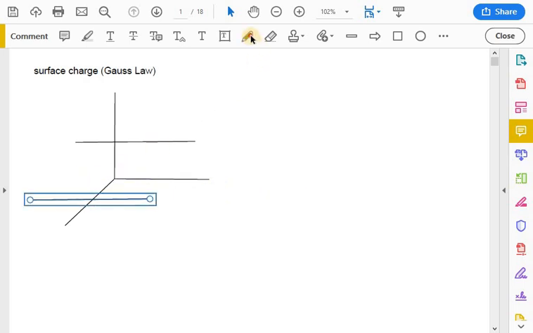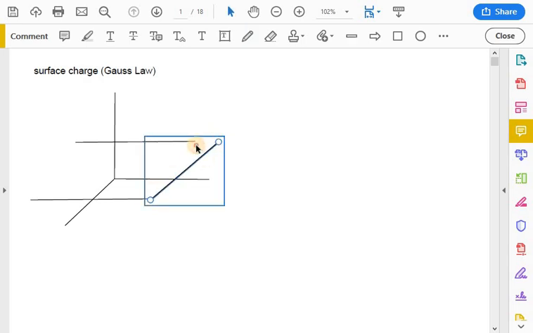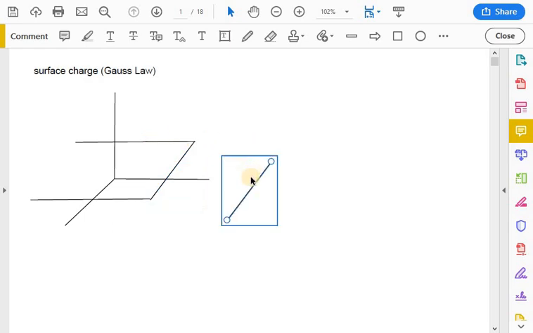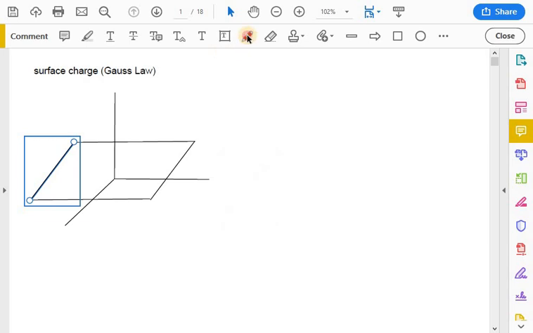This is a surface. We have an infinite size surface, which means that this one extends to positive infinity, and this one extends to negative infinity, as well as y.